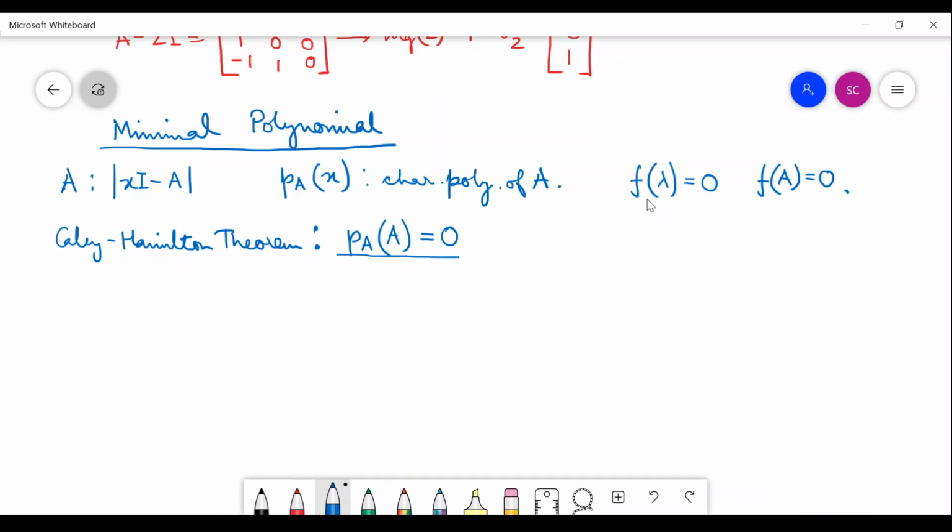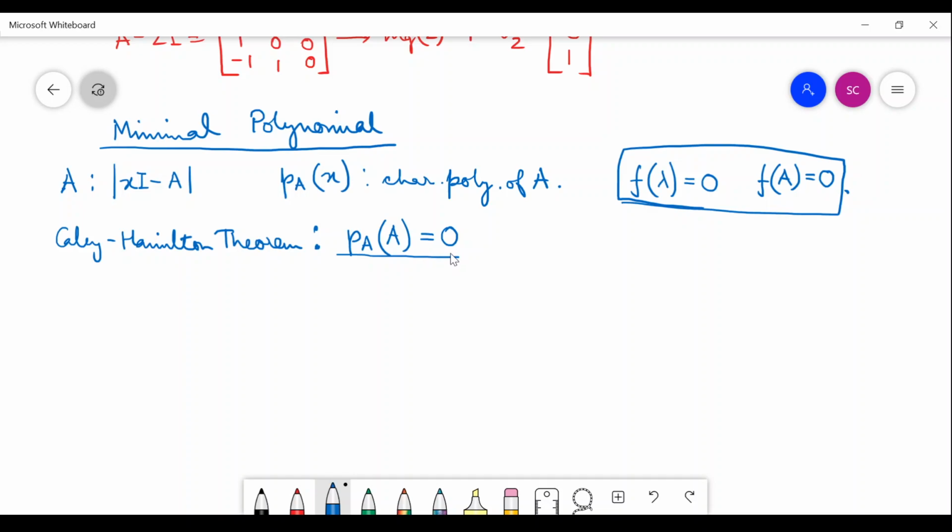This is what Cayley-Hamilton's theorem says, and this is one implication of it, because you know that the characteristic polynomial is satisfied by the eigenvalues of the matrix A. So if a function is satisfied by the eigenvalues of the matrix A, then the matrix A will also satisfy that function. One implication is that it also satisfies its own characteristic polynomial.